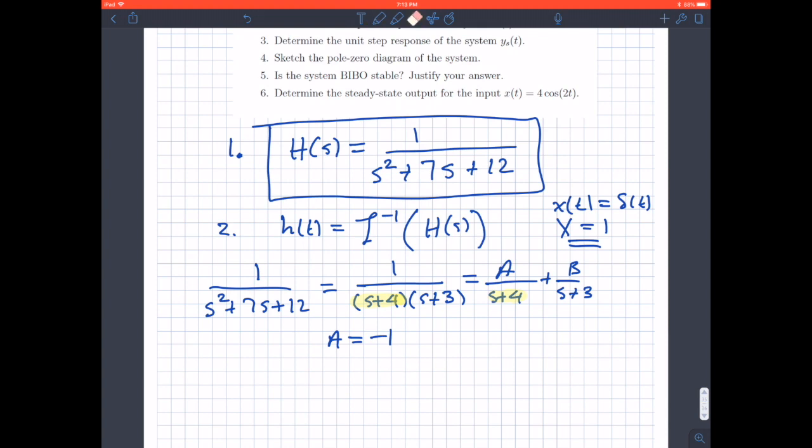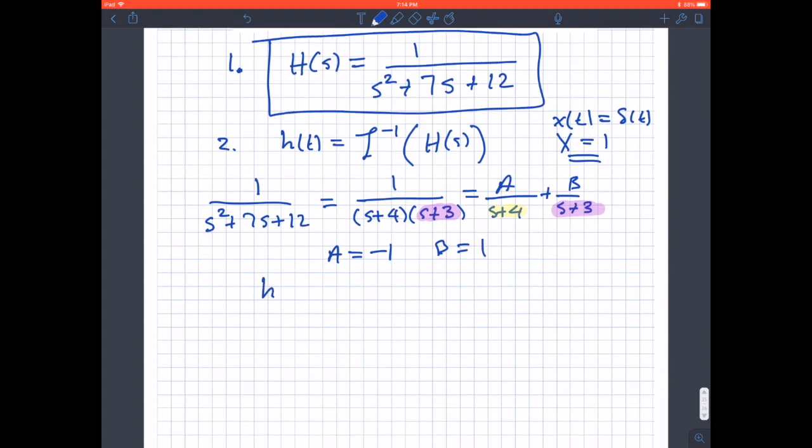Okay, doing the same thing for B, we'll use a different color, purple. The root occurs at s equal minus 3, so I cover this up and plug in what's left. Negative 3 plus 4 is 1. So 1 over 1 gives me B equal 1.